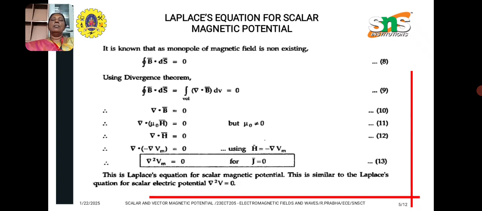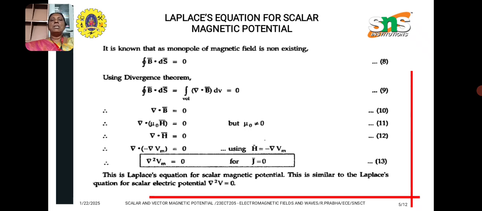It is known that magnetic monopole is non-existing, so we can write the integral over the closed surface B dot dS equal to 0. Using divergence theorem, this integral over the closed surface B dot dS equals the volume integral of del dot B dv, which is equal to 0.